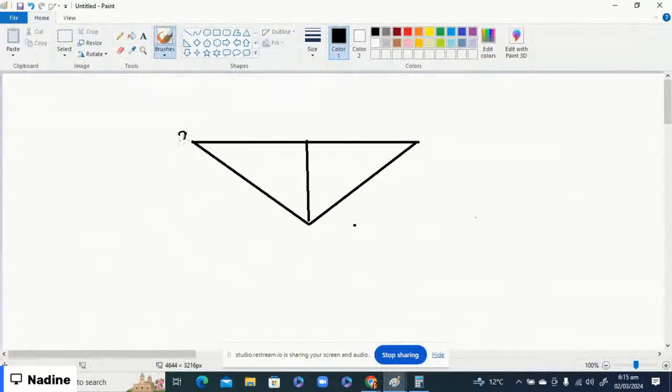If these are some points, that is X, Y, and Z, if this part is 2, this part is 2, and this part is 4, what is YZ? So this is also 4. It's not 2 because this one and this one are equal. This perpendicular is equal. Okay.